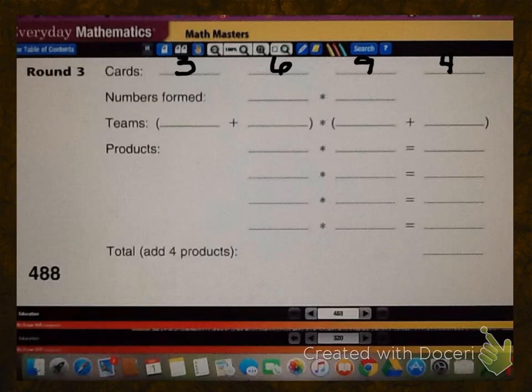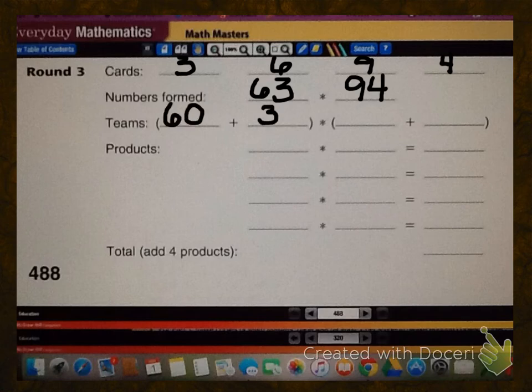So if we play another round, and your game sheet will have 3 rounds on there. I drew the numbers 3, 6, 9, and 4. I made two-digit numbers, so I made 63 and I made 94, and I need to break those into 2 teams.